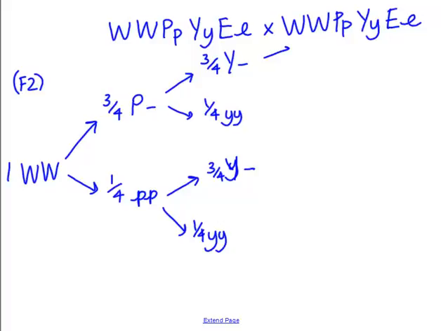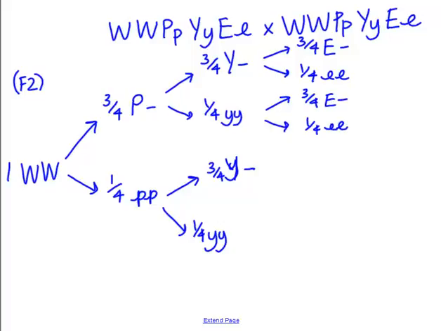So you'll have 3/4 at least one big E, 1/4 little e, and then you just do that all the way down. Sorry, this is getting a little messy when there's 4 genes. It's definitely difficult.